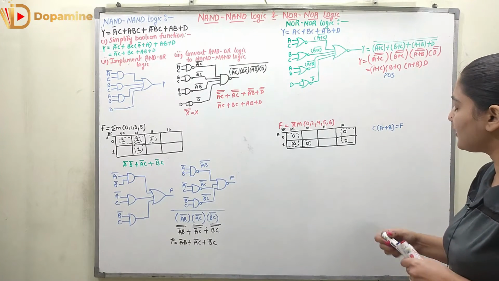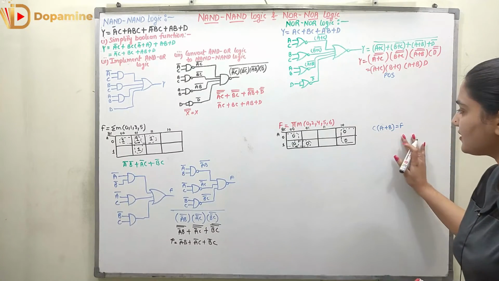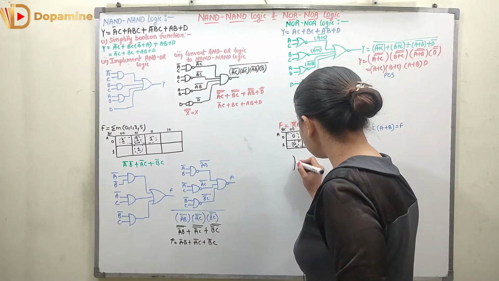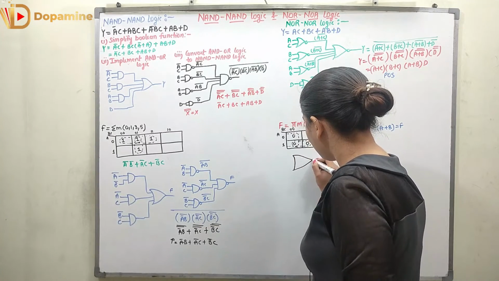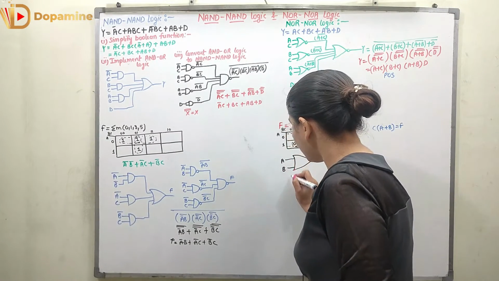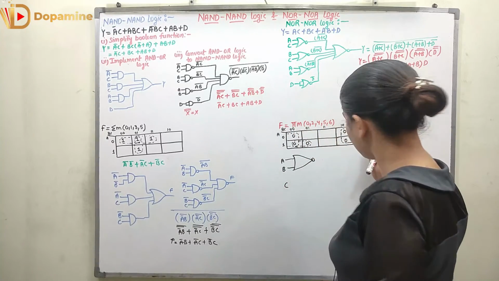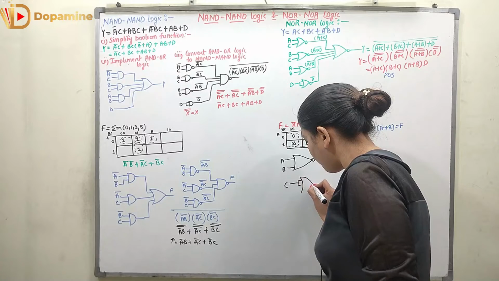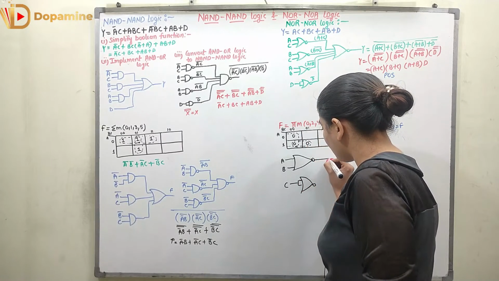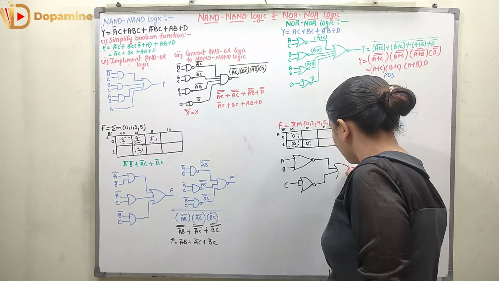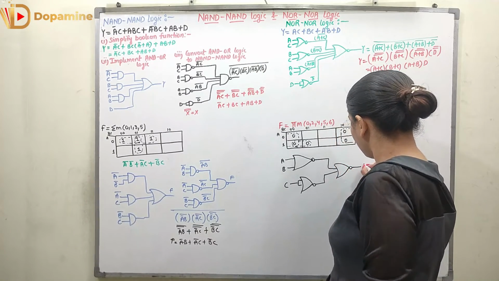So now I have to represent this function with the help of NOR gate. So first is A plus B. So A plus B I am sending with the help of NOR gate, right? Then the second term over here is C. So C is sent over here with the help of inverter NOR gate. So both of them are sent to the NOR gate. I will get the F over here.